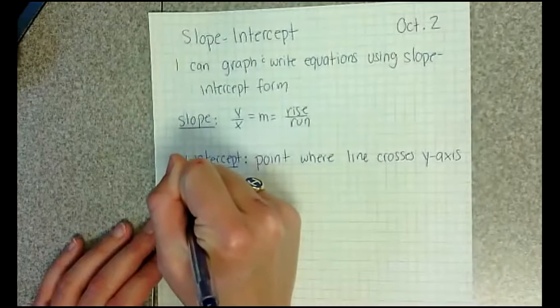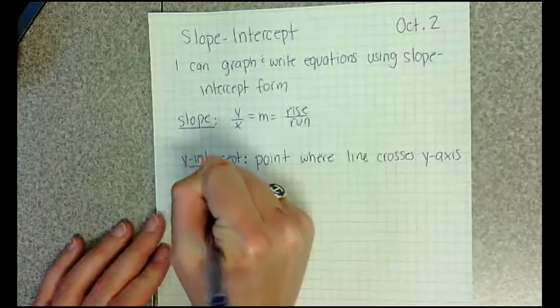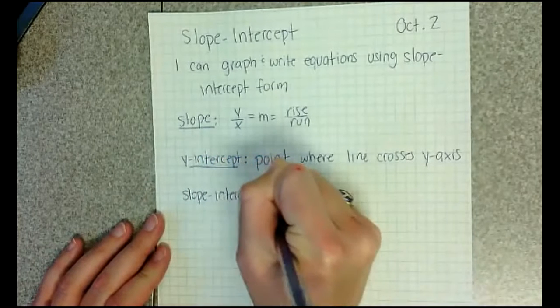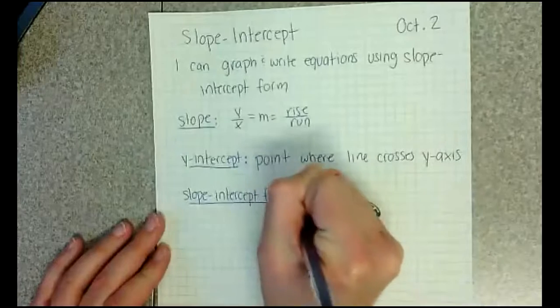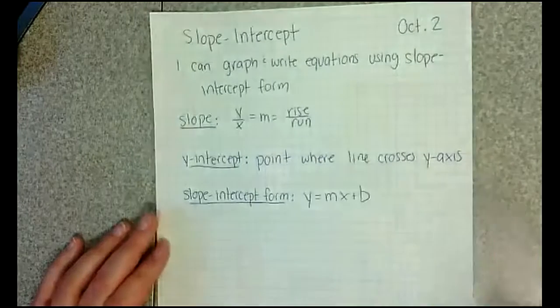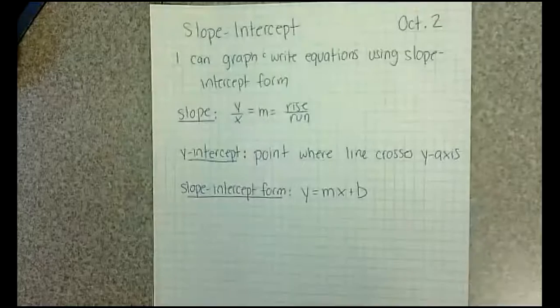The equation that we're going to use a lot of today is slope-intercept form, which will be y equals mx plus b.